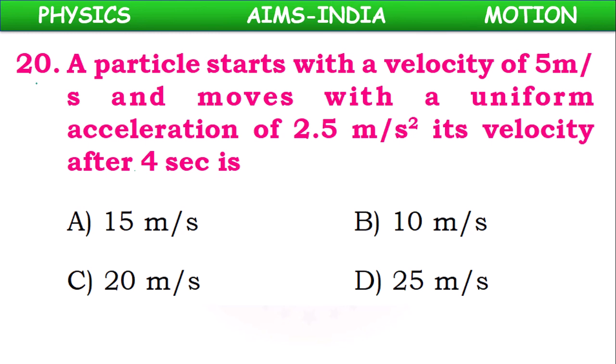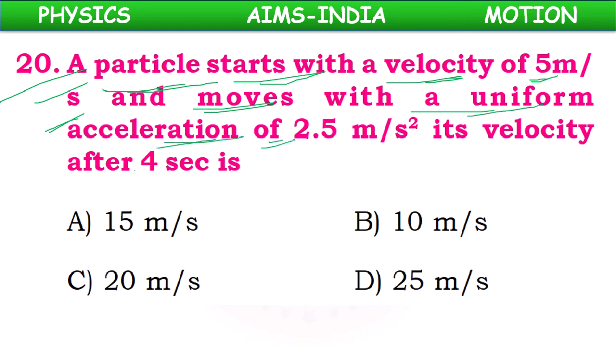So next, children, 20th question. A particle starts with a velocity of 5 meters per second and moves with a uniform acceleration of 2.5 meter per second square. Its velocity after 4 seconds is how much?